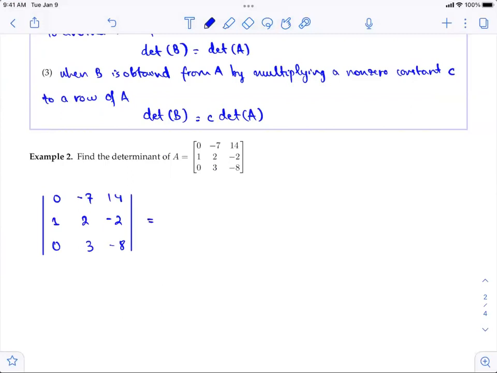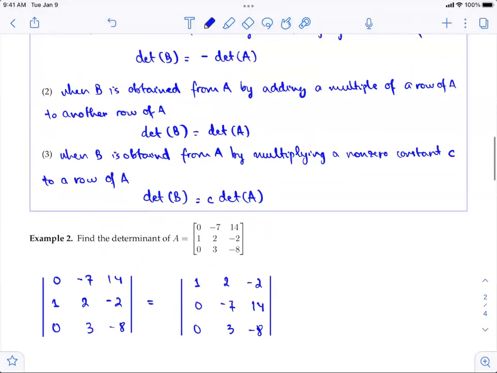Right. What we do first is interchange two rows. Interchange row 1 and row 2 and see what happens. So when you interchange row 1 and row 2, you get 1, 2, -2, 0, -7, 14. Row 3 remains the same, 0, 3, -8.